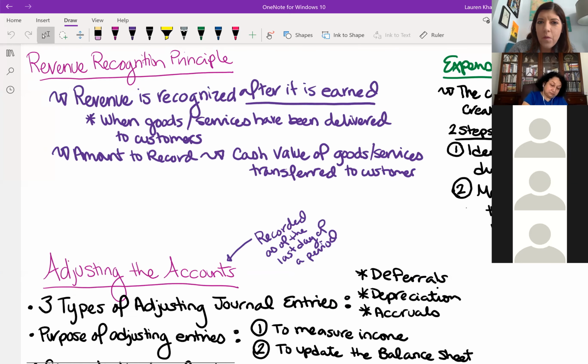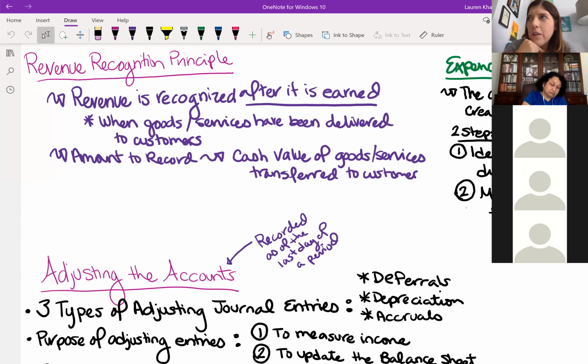For the revenue recognition principle, it's gotten a lot more complicated in the last several years because of the new revenue recognition principle that's come out. But in general, what you need to know for this chapter, at least, is that revenue is recognized after it has been earned. So a company has to do something first in order to recognize revenue.